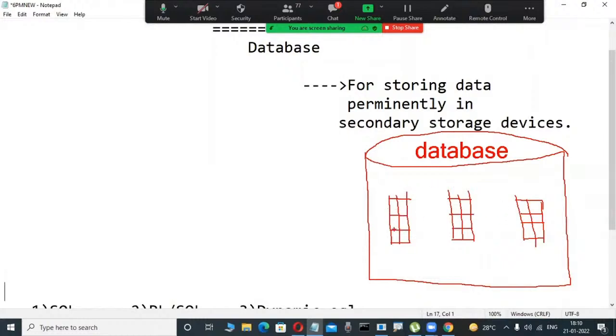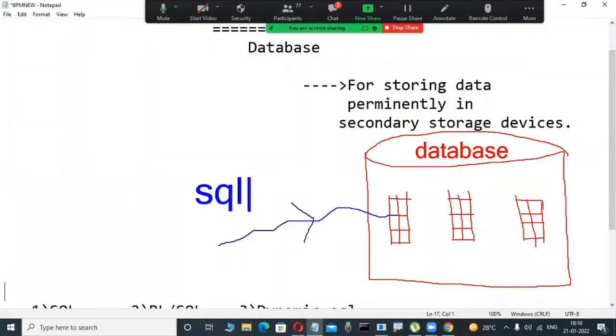That's why a structured collection of data is stored, and we operate on this data using SQL, the structured query language.